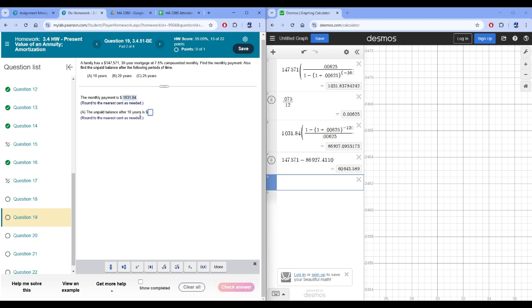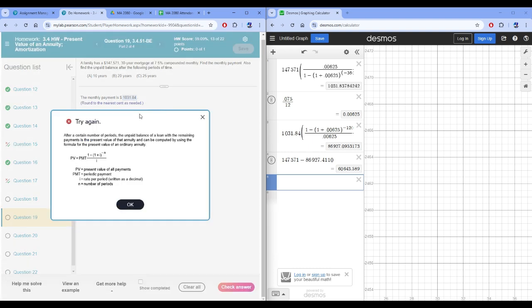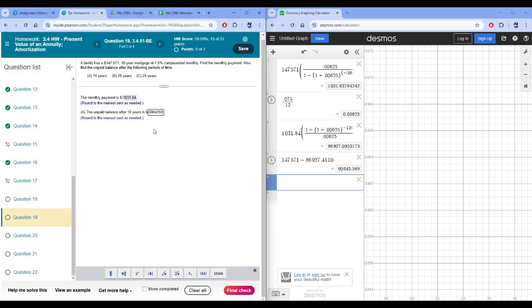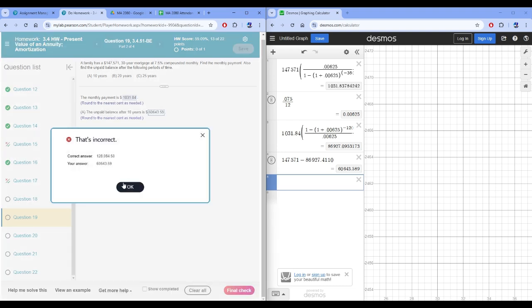What's that number? Oh, I gotta do the point right there. Decimal. No, 120,000. Why am I getting these really, really wrong? The unpaid balance.